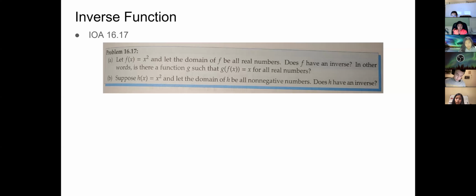It's no, because it's not a function. Like x can be positive or negative. Exactly right. I don't know if you guys remember what we talked about.